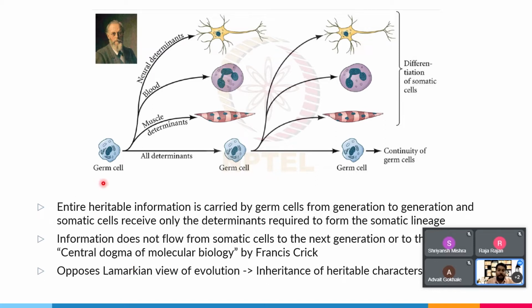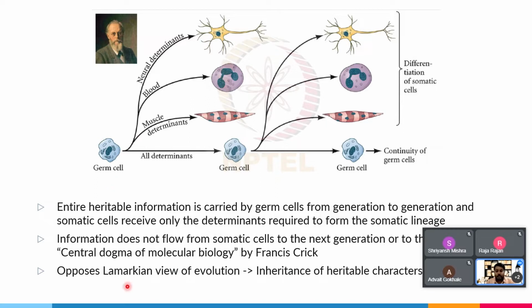This is essentially what the germplasm theory also tells us. Once the information has flowed from the germ cells towards another somatic cell, which has already inherited the determinants in order to form muscle, blood, or neural cells, the information cannot flow back from the muscle cells to the germ cells. The germ cell is independent of these.